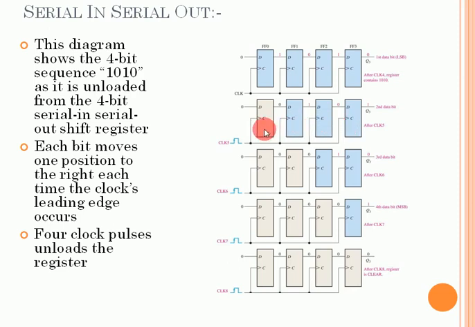Now you can see the flip-flop from the very left hand side is now empty. With the next clock pulse, clock 6, the data is shifted one more position towards the right.